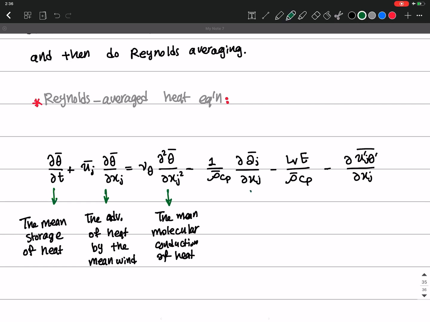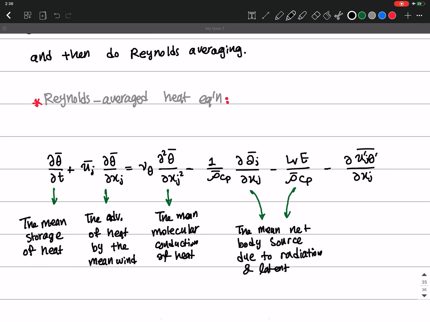And these two terms are respectively the mean net body source due to radiation and latent heat release.